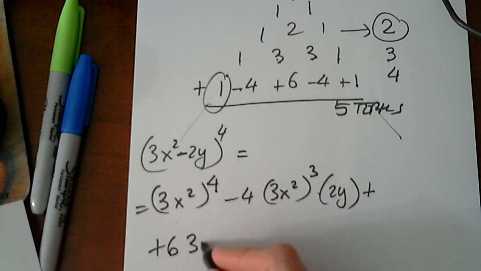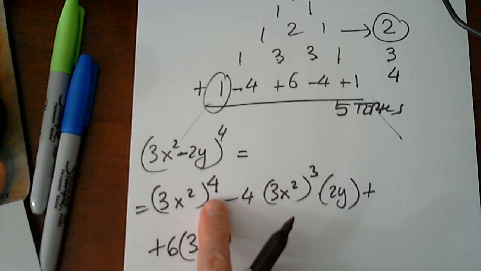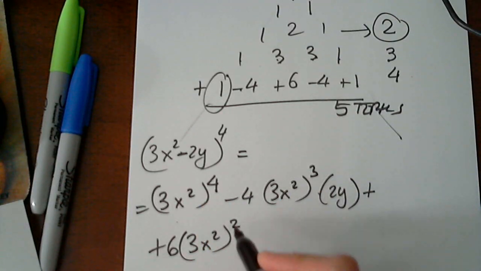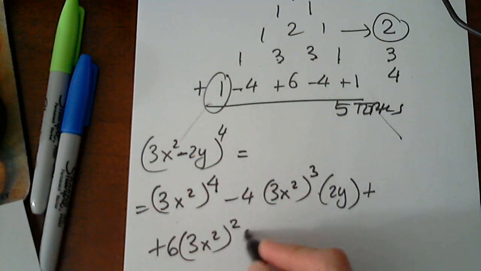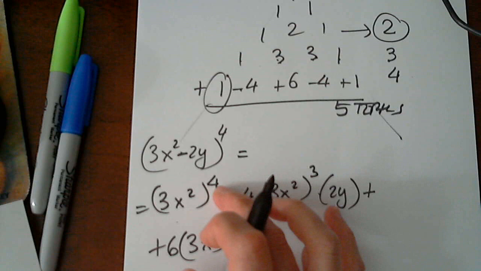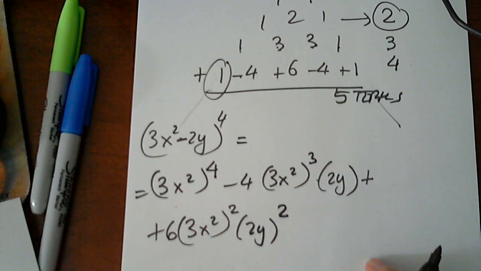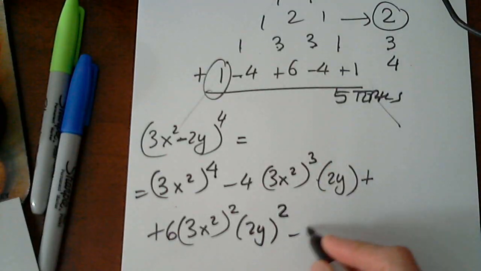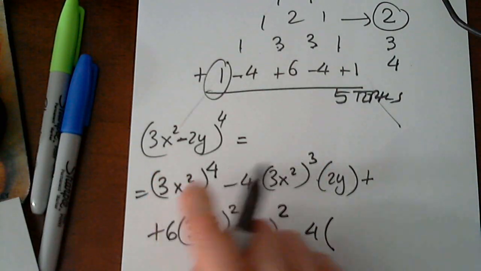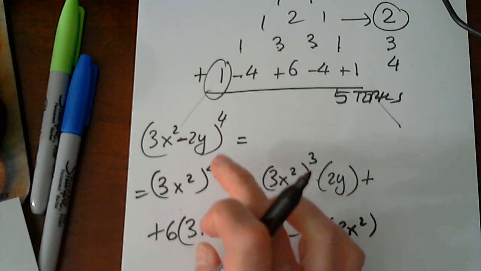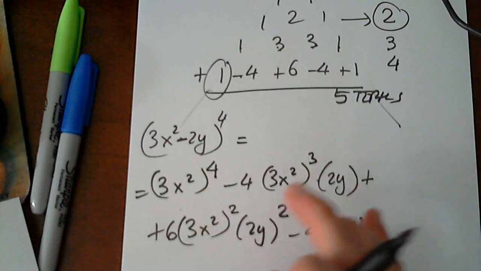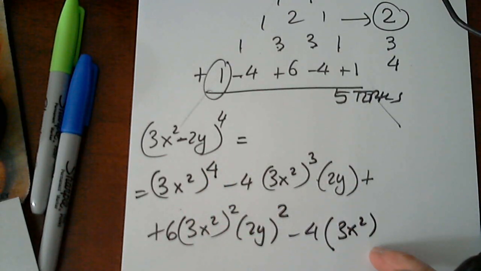The first term, which is 3x², went from 4 to 3. Now it has power 2. The second term, which is 2y, went from power 0 to power 1 to power 2. Negative 4. The first term started with power 4, went to 3, went to 2, now it's power 1.